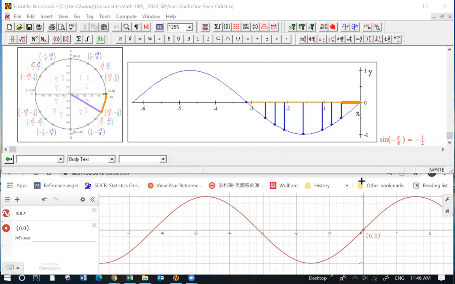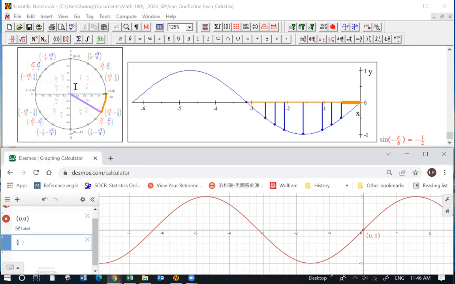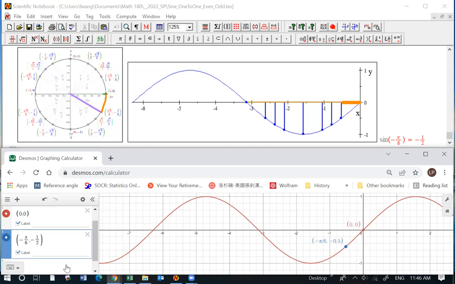So now let's mark the point. Negative pi over 6, and the ratio is negative half. You can see the blue dot show up, and we're going to label that.